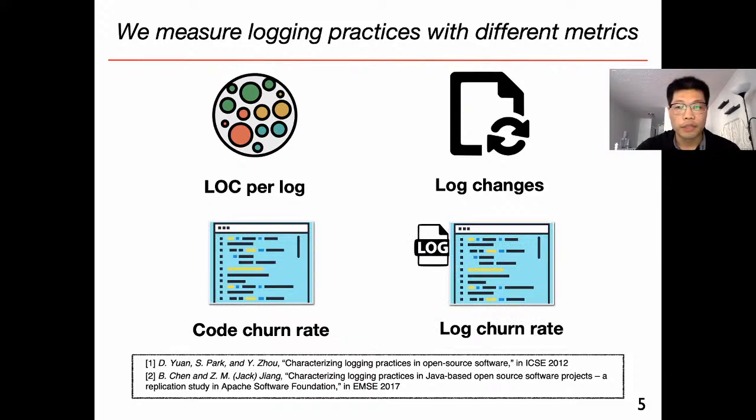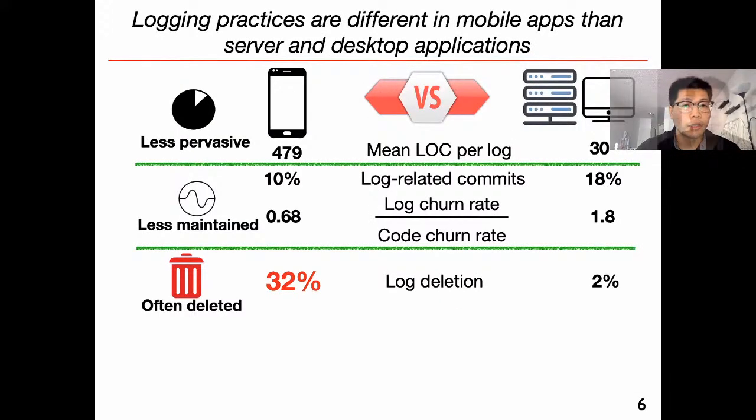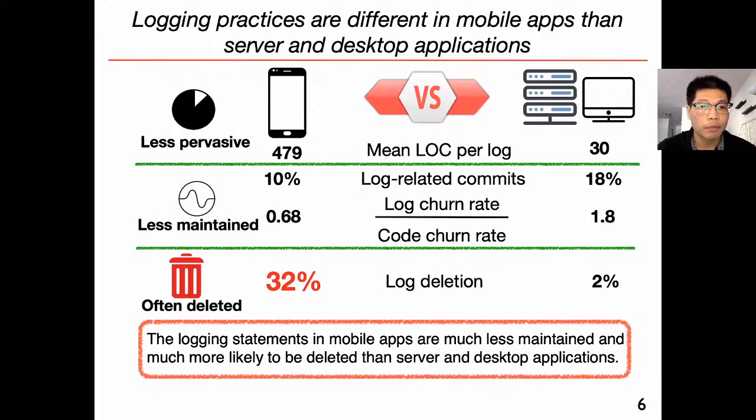We studied these metrics because prior research also measured them to understand the logging characteristics in servers and desktop applications. And finally, we found that the logging practices are different in mobile apps than in server and desktop applications. We found that mobile logging statements are less pervasive and also less modified compared to server and desktop applications. In particular, we also found that mobile logging statements are more often deleted.